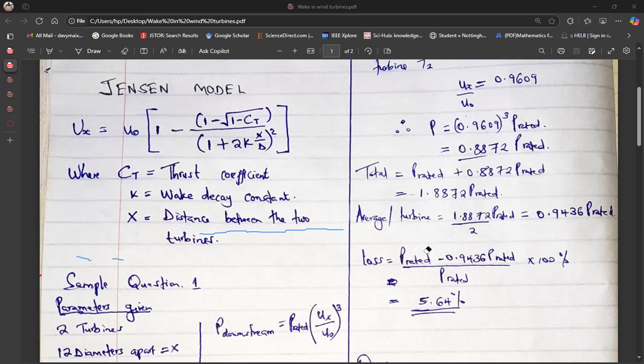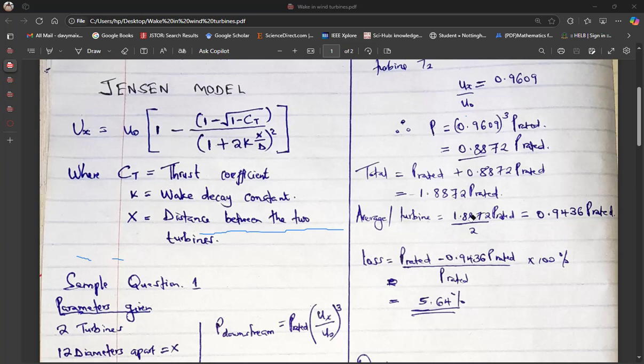Because if for example, the two turbines were perpendicular to the wind travel, that means they will be side by side facing the wind. So there will be no wake, there will be no reduction in velocity of the wind, there will be no reduction in the power. So that means the two will be operating at 100% efficiency because there's no wake.